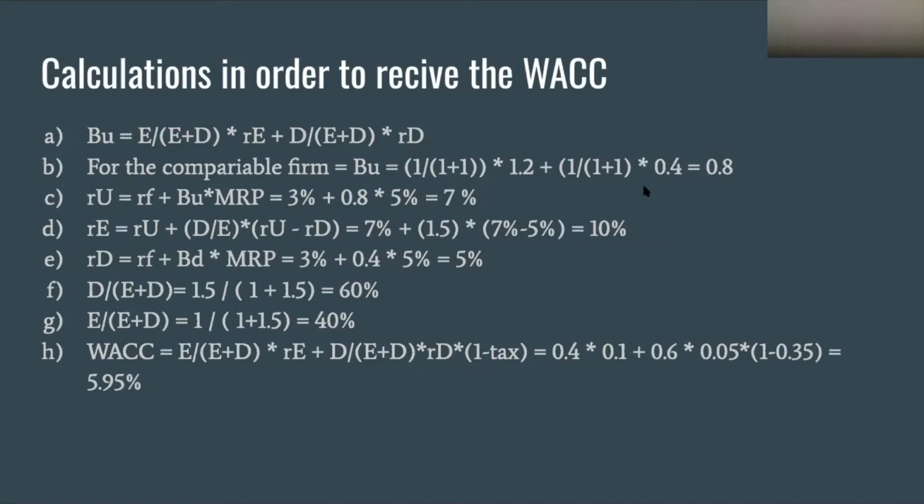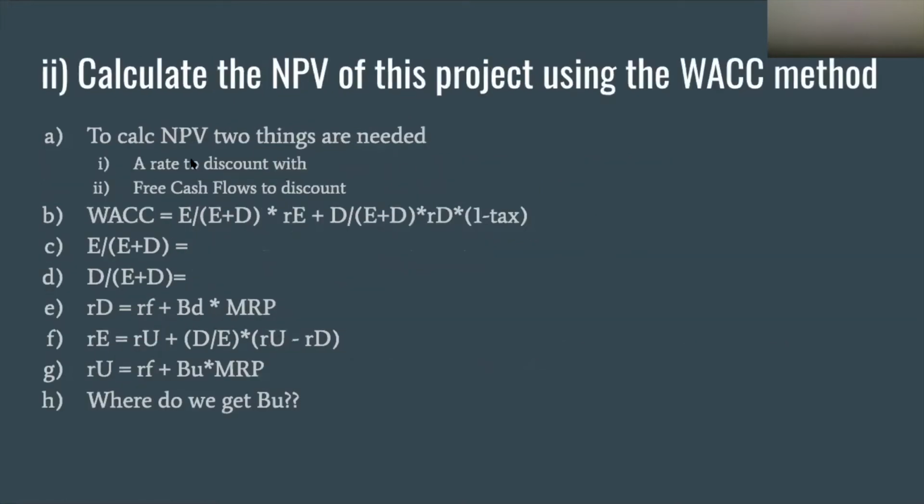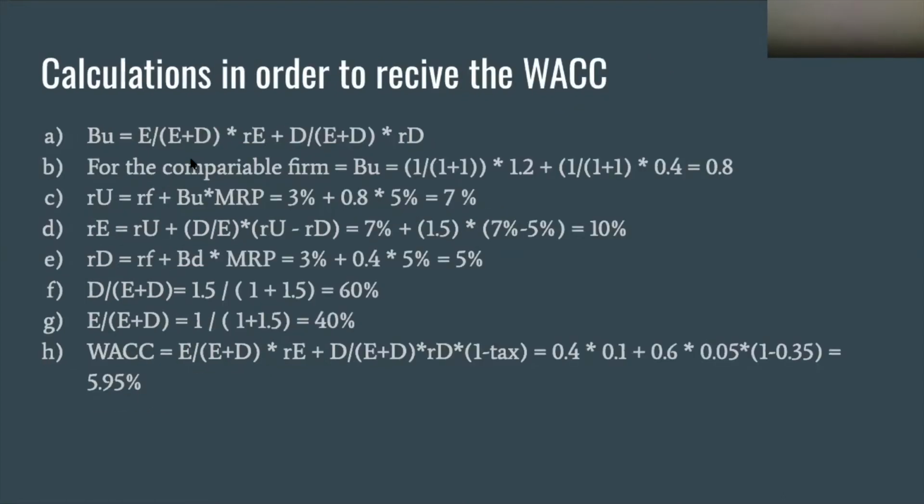And what I have done here is to set the equations in the exact opposite order as the slide before, because before we worked from the WACC down to each variable that we needed, and now we start in the other direction in order to receive the WACC. So the next equation we need is the unlevered rate of return. With the equation stated before and with the numbers given, that is 7%.